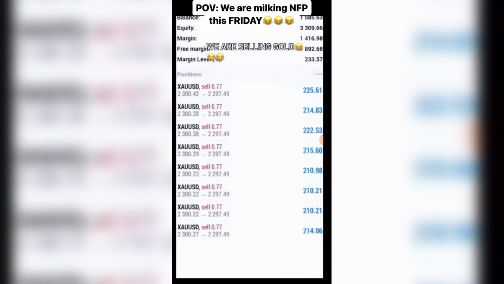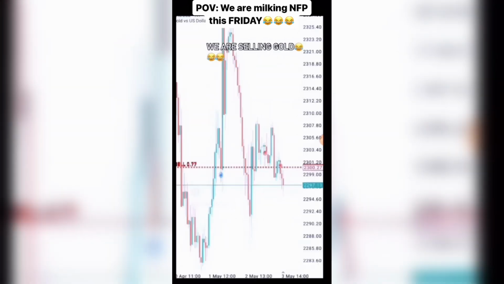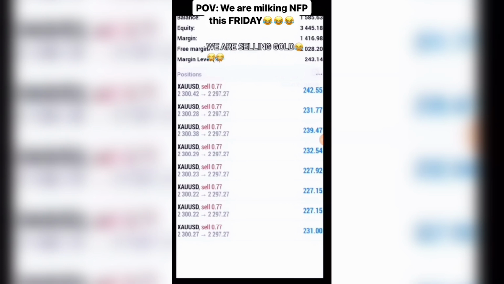As you can see right now, we are in full margin. We are selling gold right now. The signal is out to the group right now. It's only 450 to join. Let's see, guys. This is NFP. Let's milk NFP today, guys.